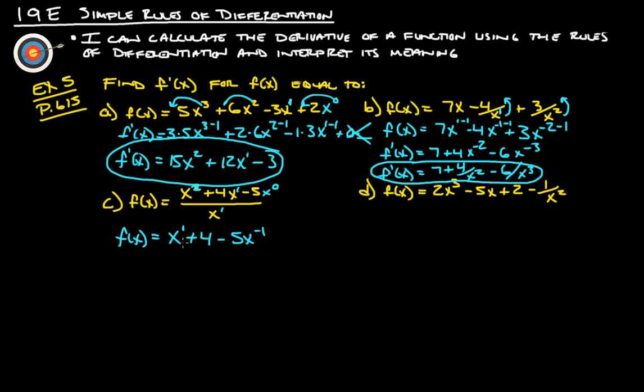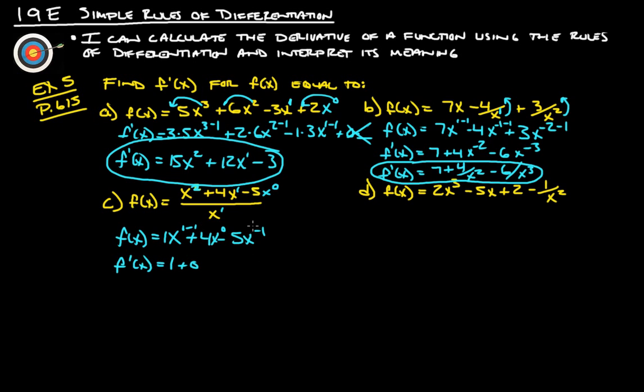Okay, and now we've done the hard part, and now we get to do the easy part, hopefully, which is the derivative. Let's think of it this way. Think of a 1 out here. So 1 times 1 is 1, and then we take x to the 1 minus 1, which is x to the 0, so we just get 1 here. And then remember, this is 4x to the 0. 0 times anything is going to give us 0.